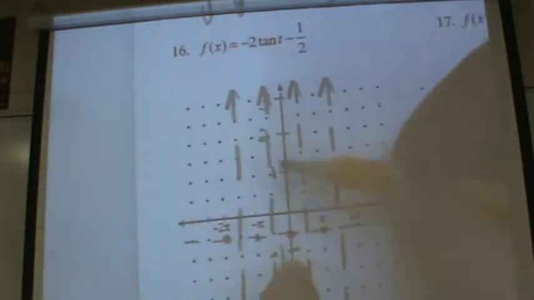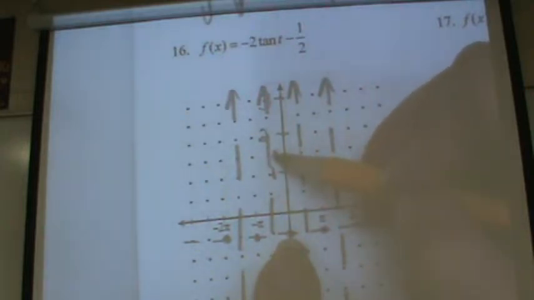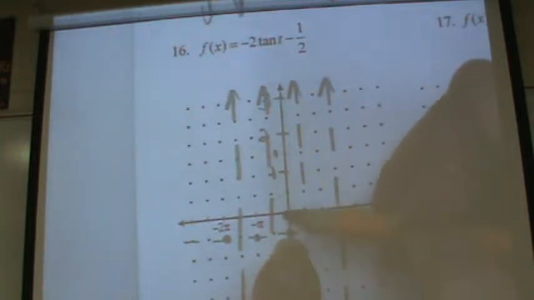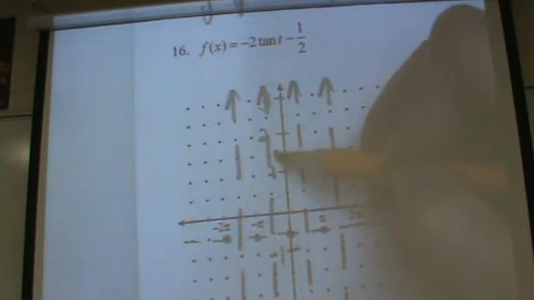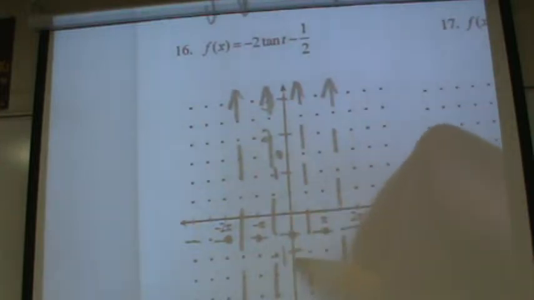And for a -2 tangent, each of these is a half. So that would be 1, and that would be 2. Right there. So each of these is a half, you guys, so that's 1, and that's 2. So in between here, that's 1, and that would be 1.